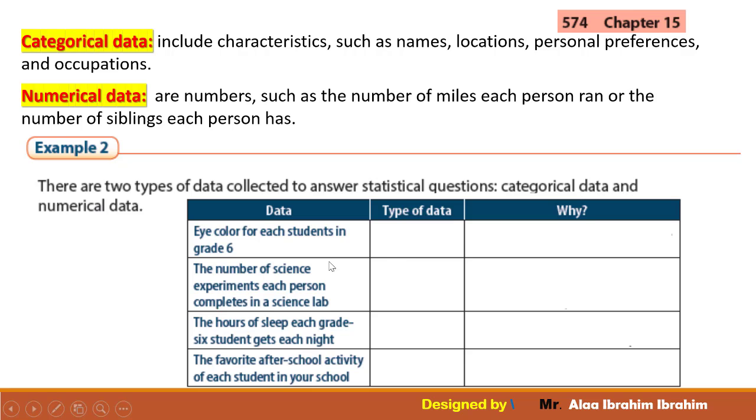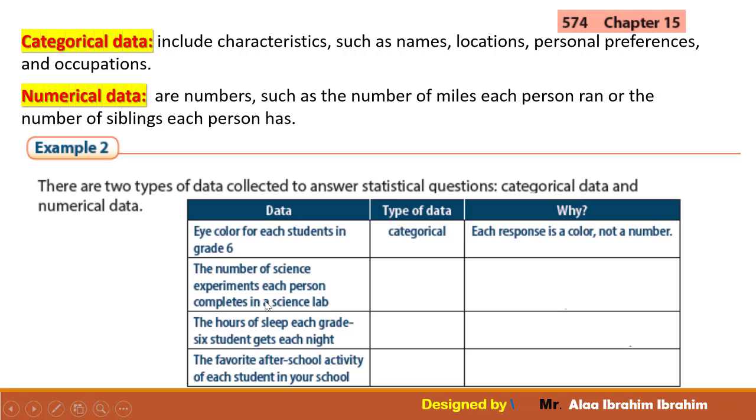So let's check this example. The color for each student in grade 6. So I have to choose one type. The color here is not a number. So this is categorical data. Why? Because I'm dealing with something that is not a number. Each response is a color, so this is not numerical. Now another one, like the number of science experiments.